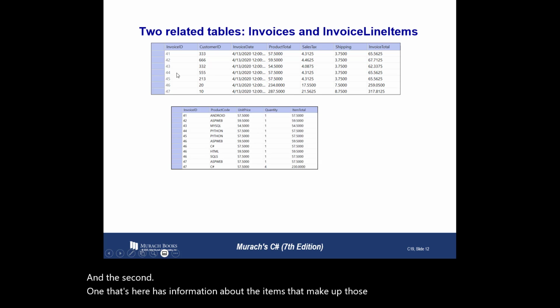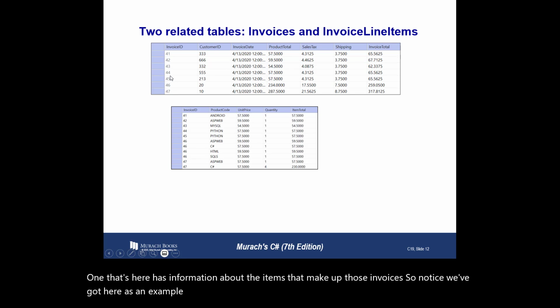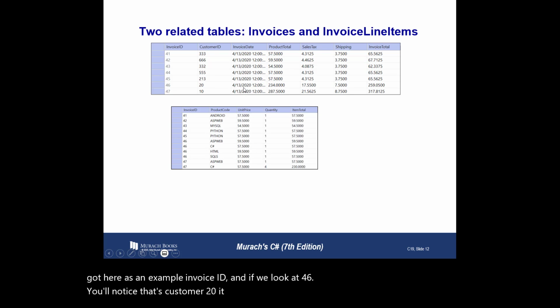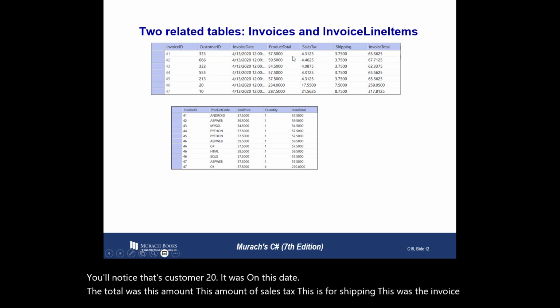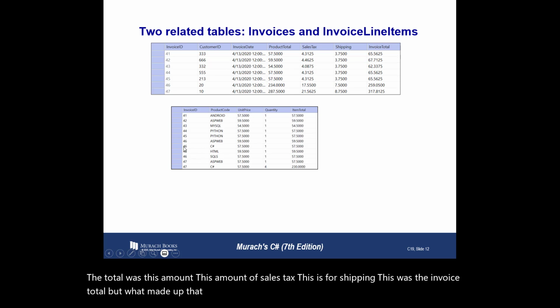So notice we've got an example invoice ID, and if we look at 46, you'll notice that's customer 20. It was on this date. The total was this amount, this is the sales tax, this is for shipping, and this was the invoice total. But what made up that invoice? The answer is these four different things.